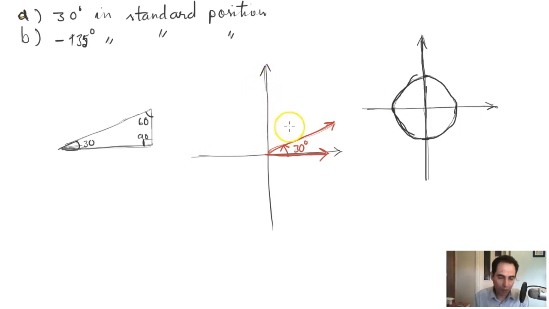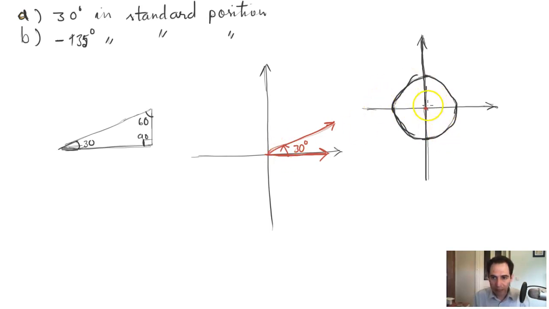But you can do it directly in a unit circle. As I mentioned, a unit circle is just a circle on a Cartesian coordinate system. The center of the circle is at the center of the Cartesian coordinate system, and the radius of this circle is 1 unit in all directions, of course.